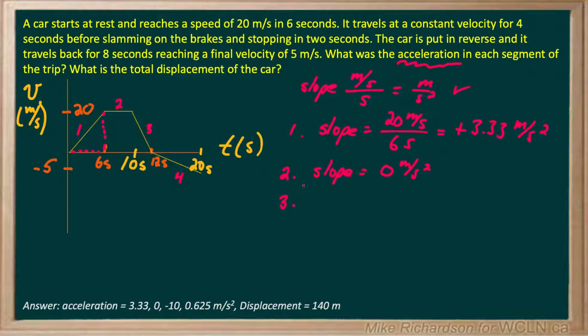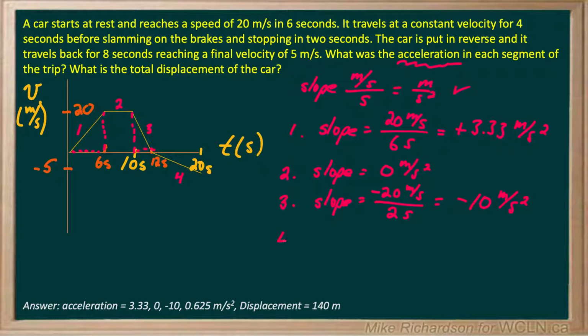Region 3. Region 3, we can see we're slowing down, and the slope is negative, so we know the value is going to be negative. Here, the rise is also 20. The run is 2 seconds. So in region 3, I would say the slope is 20 meters per second, but it's going down, so negative, divided by 2 seconds, which gives me an acceleration of -10 meters per second squared.